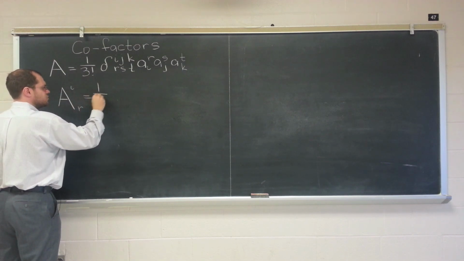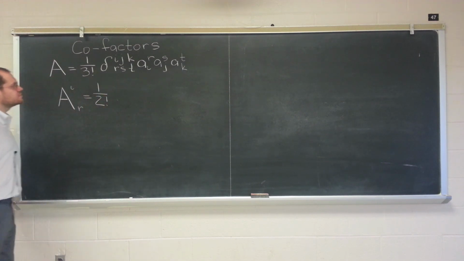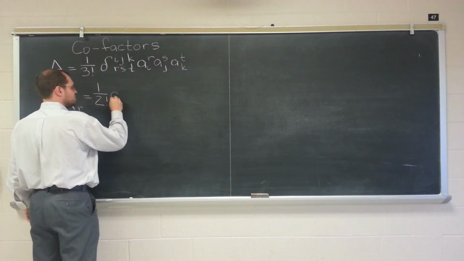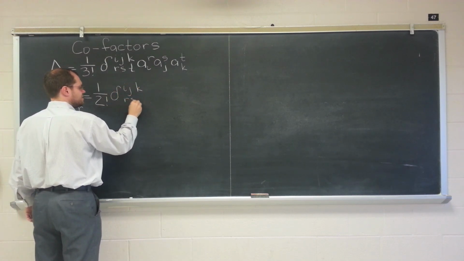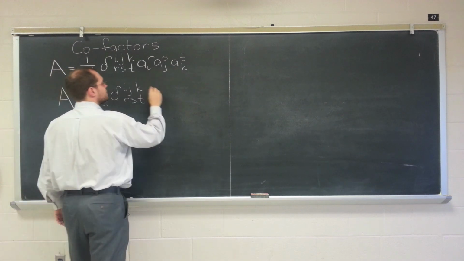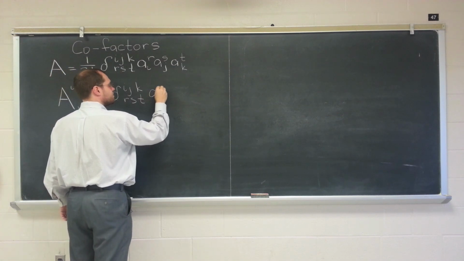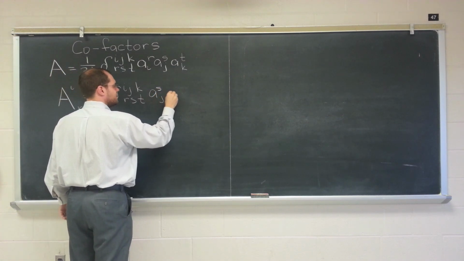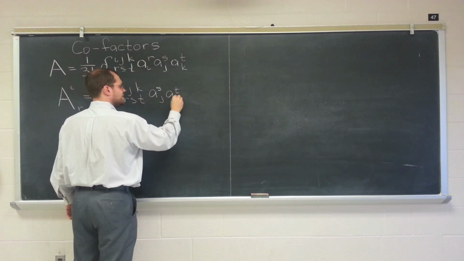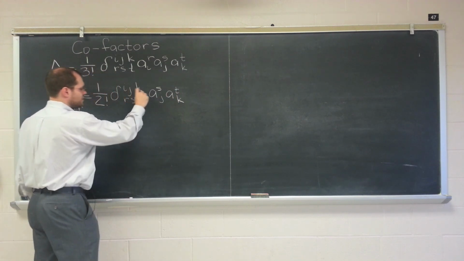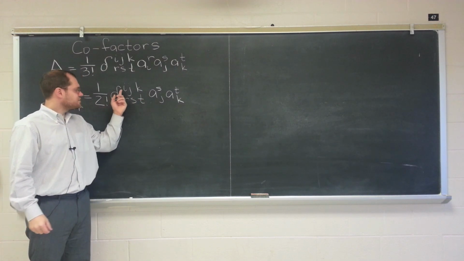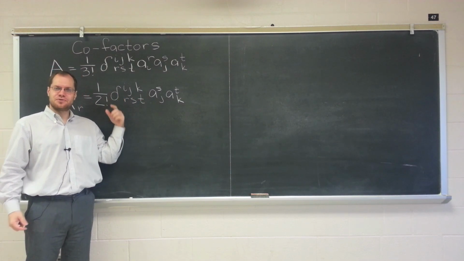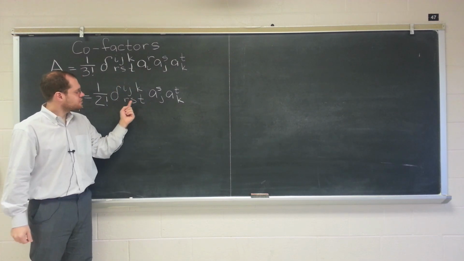And the definition is 1 over 2 factorial times delta ijk RST, skipping the first term, A S J, A T K. So now, by skipping the first 2 terms, you realize, of course, that we now have 2 free indices, I and R, which were previously dummied by this term.